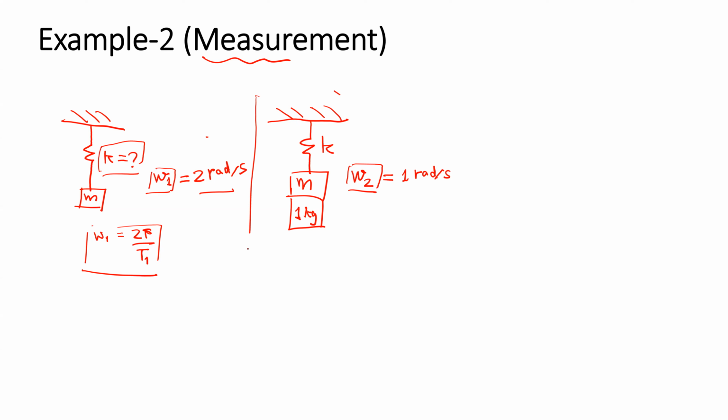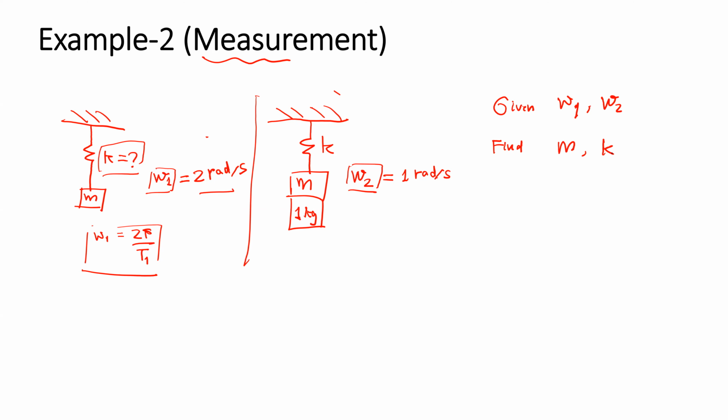Now it seems like we can compose 2 equations so that we can solve for M and K. So we are given omega 1 and omega 2, and we need to find M and K of the system.